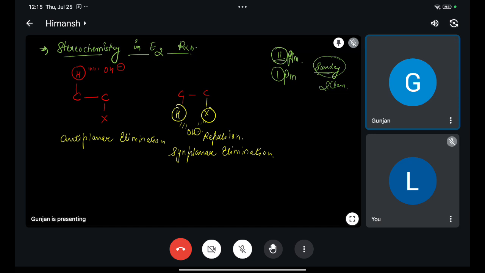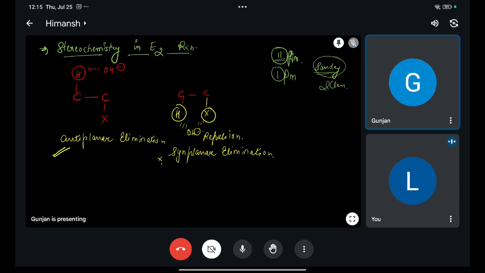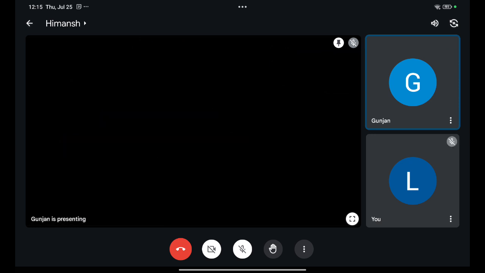So anti-planar elimination actually happens, not syn-planar. Only anti-planar will happen. Let's discuss how anti-planar.